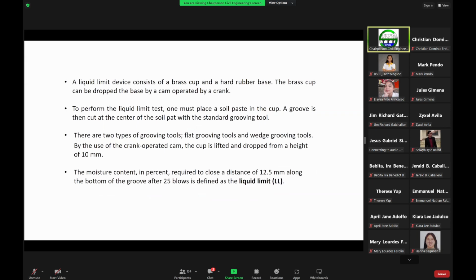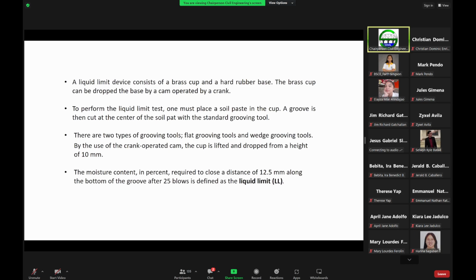The brass cup can be dropped at the base by a cam operated by a crank. To perform the liquid limit test, one must place a soil paste in the cup, and then a groove is cut at the center of the soil paste with the standard grooving tool. I will show a picture of that in a while.